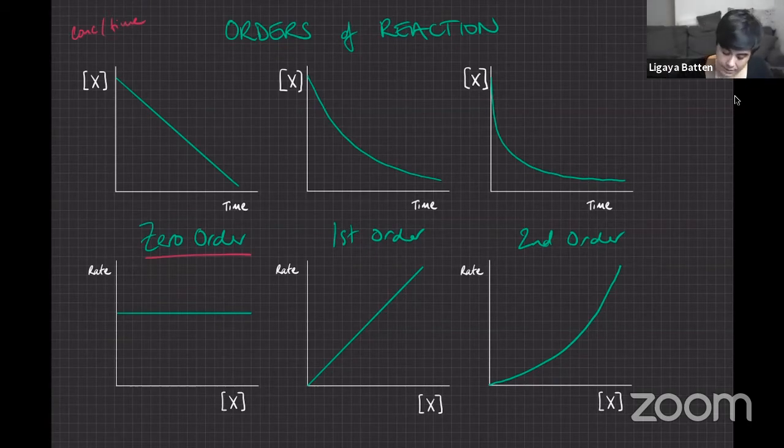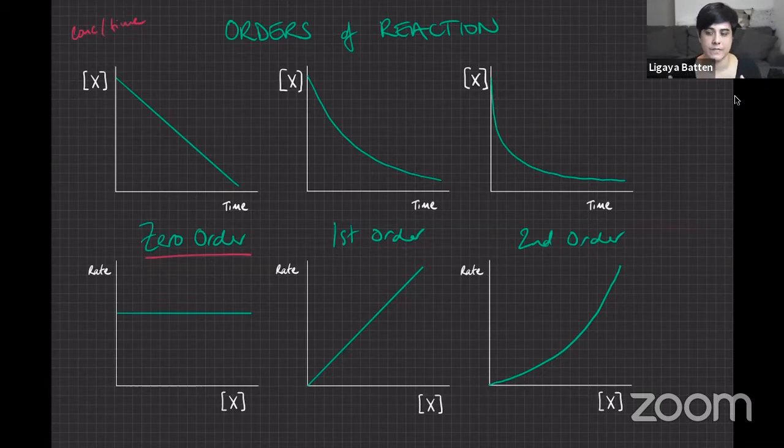Looking at the next one now, this one here in the middle, as X is used up, the rate is slowing down. The gradient of that curve is getting more and more shallow. So what that's saying is the less X we have, the slower the rate. So the concentration of X is affecting the rate.